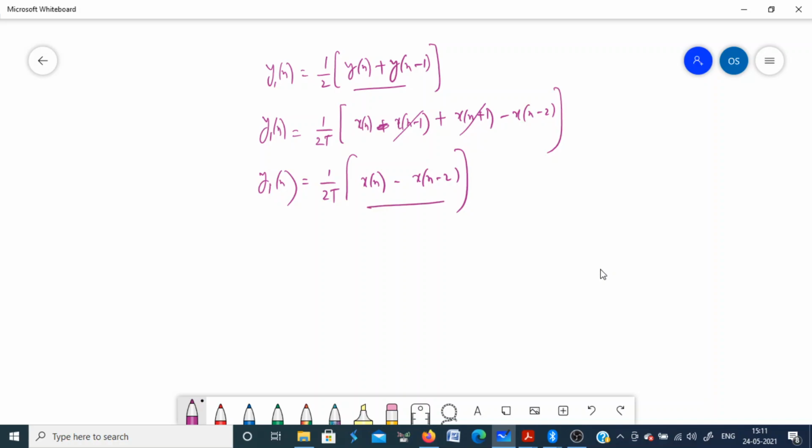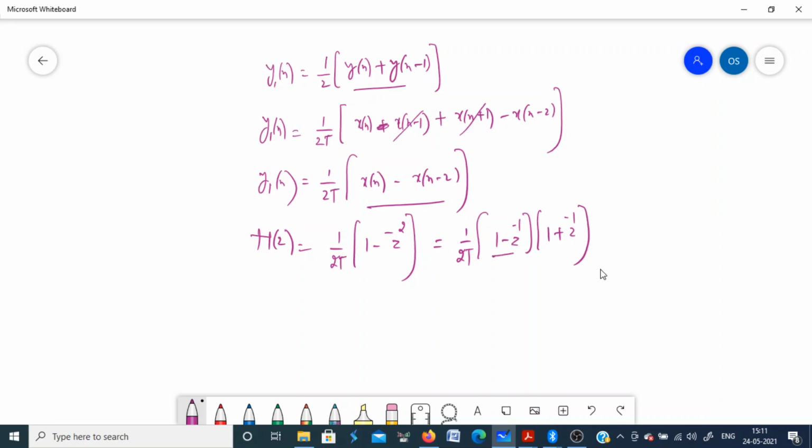So if you have a system like this and you find its transfer function, it will become 1 by 2T, 1 minus z to the power minus 2, or you can write it as 1 by 2T, 1 minus z inverse into 1 plus z inverse.